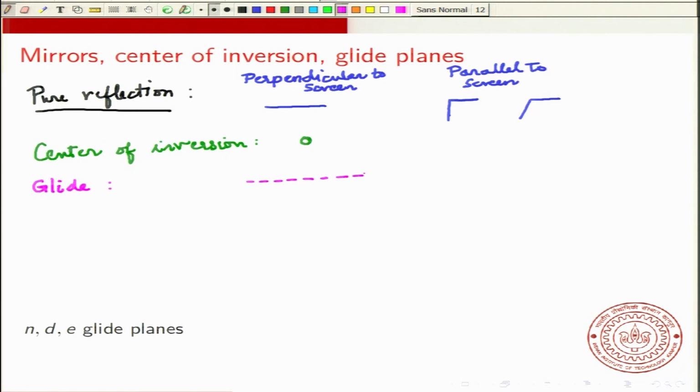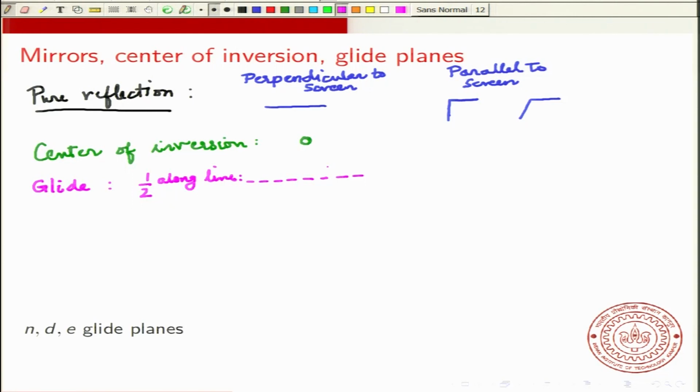and this indicates that the translation is half along the line. So the translation direction is along this line that is shown. The mirror is perpendicular to the screen, and the translation is along this line.